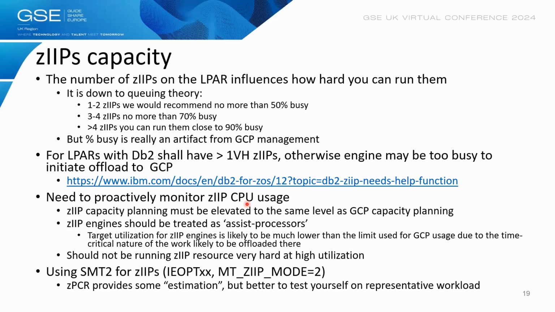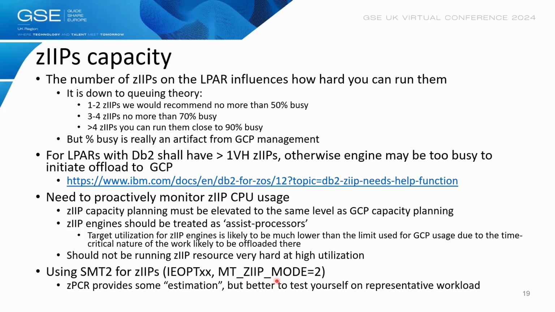zIIP capacity planning should be treated the same way as CPU capacity planning, because on the zIIP processors we also run crucial workload, DDF for example, or Db2 agents, right? So if there is some capacity lack and we cannot afford to buy a new zIIP, it may help if we turn off the multi-threading option for the zIIPs.